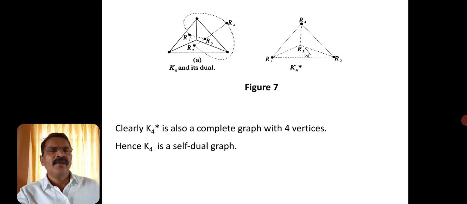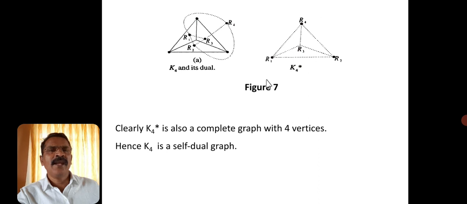Then the vertex corresponding to the exterior face is adjacent to all the other faces, because these 3 edges are on the boundary of the exterior face. If you join, what will you get?